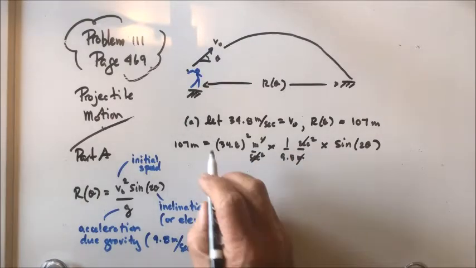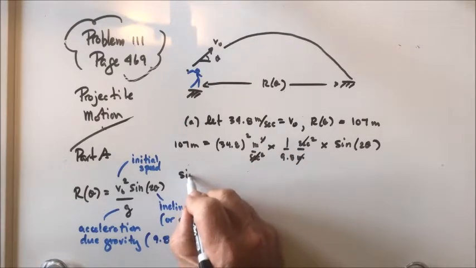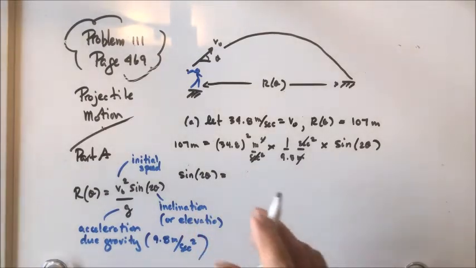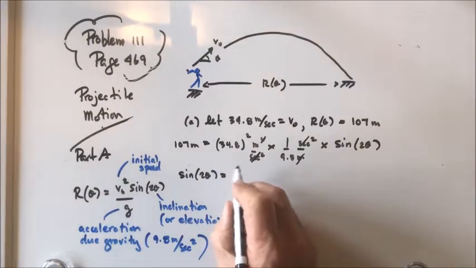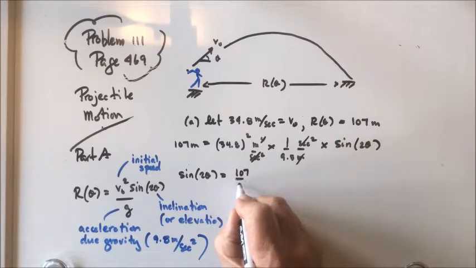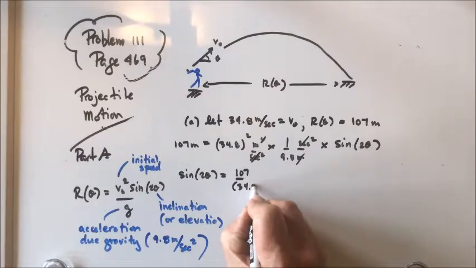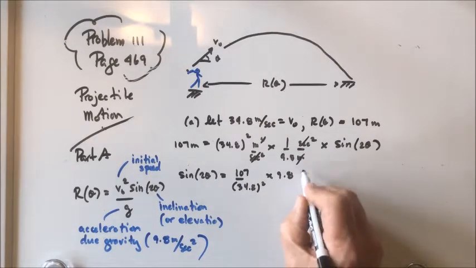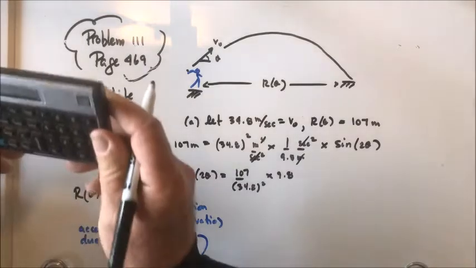So let's just calculate what the sine of 2 theta is. Then let me write it down, and then we can check and see if it's right. It's 107 divided by 34.8 squared times 9.8. We know the units are right, so we're just going to let them fly.